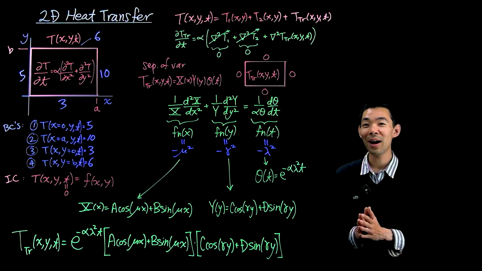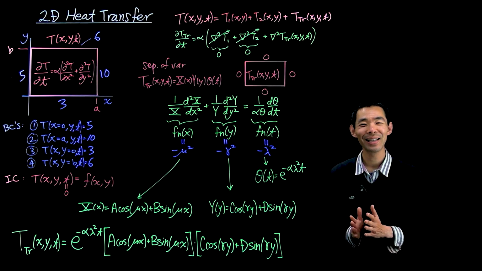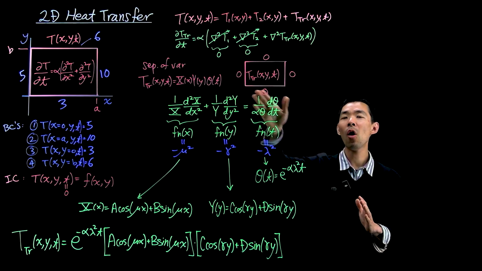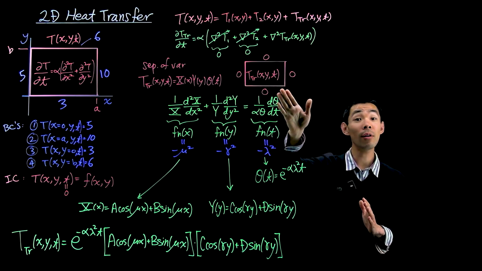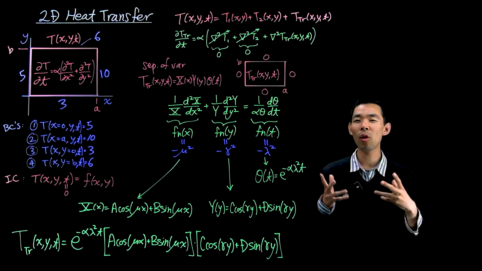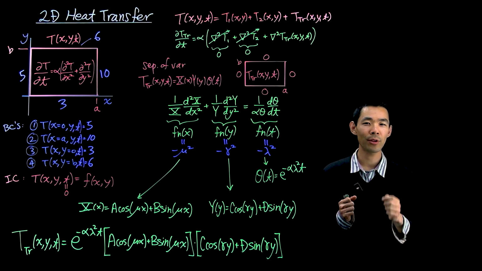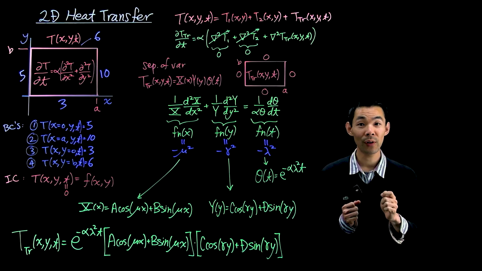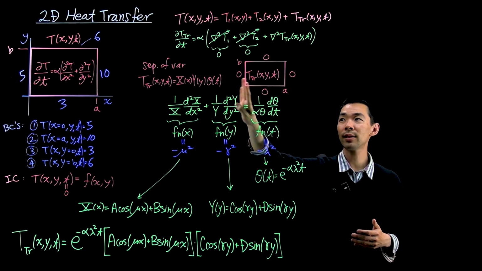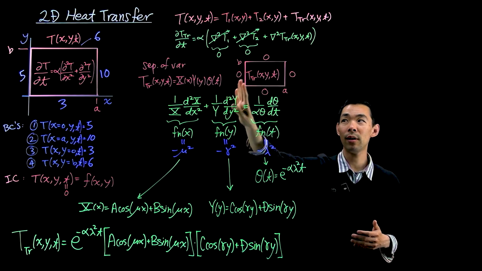Now, we need to apply boundary conditions. But that's actually not so bad because now we have, again, homogeneous boundary conditions. Here are our boundary conditions. Now, at this stage, you should be able to do a lot of these boundary condition evaluations in your head. First, let's apply the boundary condition at x equal to 0. That's this left-hand boundary right over here. That's equal to 0.